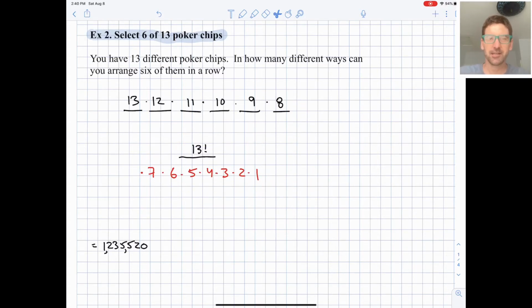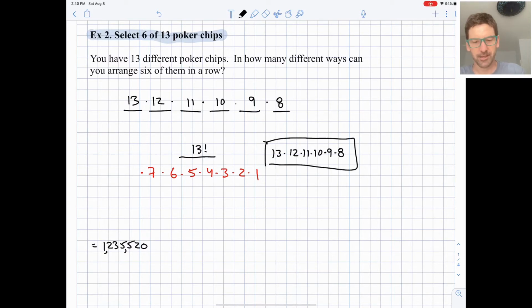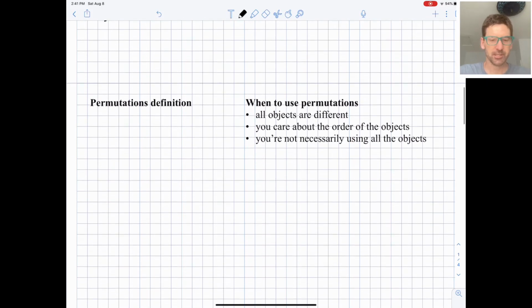Okay, and can you see that those 7 factorials will cancel, and we will just end up with 13, 12, 11, 10, 9, 8. So this will equal 13 times 12 times 11 times 10 times 9 times 8, which is our answer. Okay, so if we can do the entire 13 factorial and then divide out the factorial that we don't want, we can get our answer a little more efficiently. So that's exactly what permutations does.